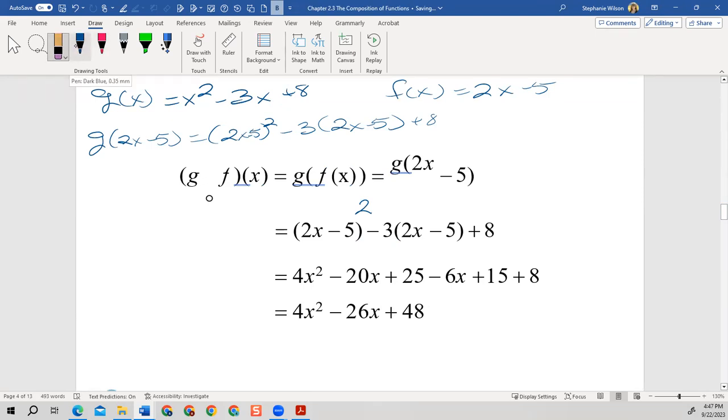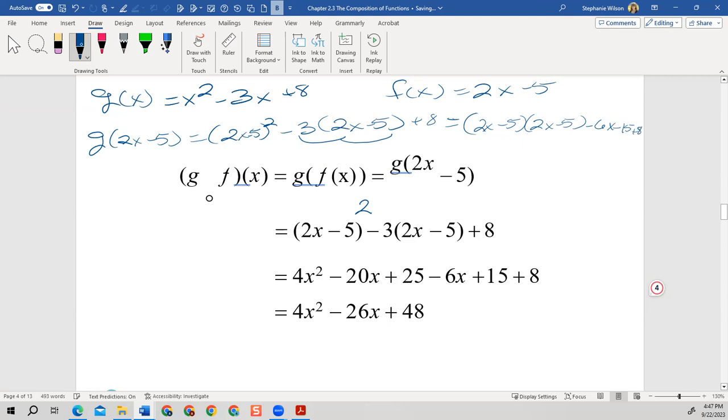Okay, so now I have 2x minus 5 times 2x minus 5. And then I'm going to distribute this -3. So -3 times +2x gives me a -6x, and don't forget the x on the 2. And then I got -3 times -5, which is +15, plus my 8.